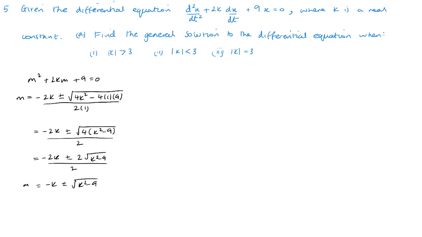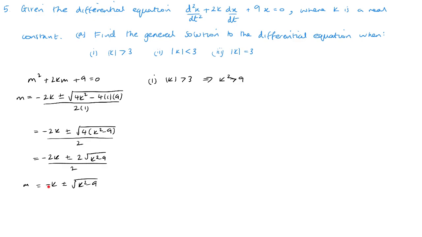Now let's look at what happens in each of our scenarios. So scenario 1 is when k is greater than 3. Okay, so this means that k squared is going to be greater than 9. Now in this case, this is going to be a positive value, so it's going to give me two unique solutions, isn't it?